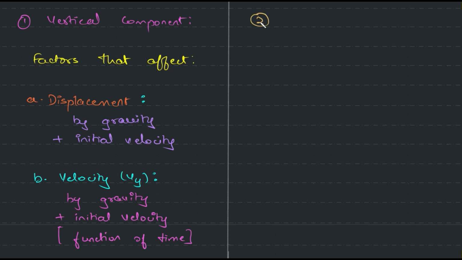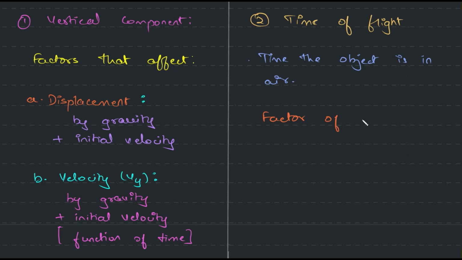Now, there's something called time of flight. What does time of flight mean? Time of flight means the time the object is in the air. That's it. What are the factors of your time of flight?